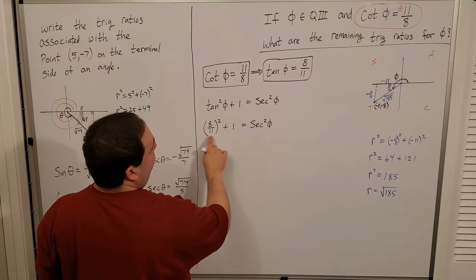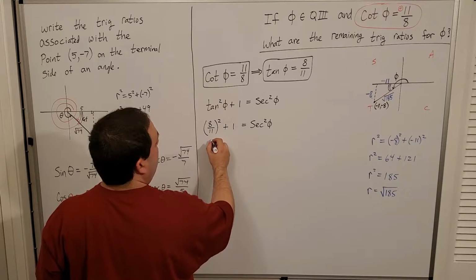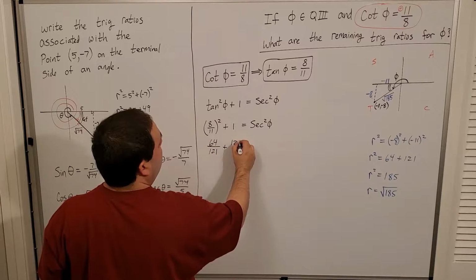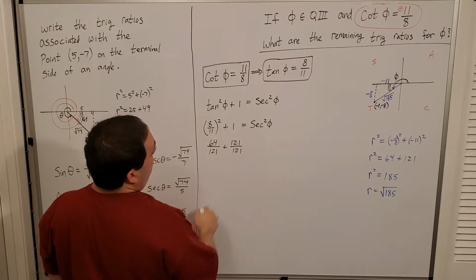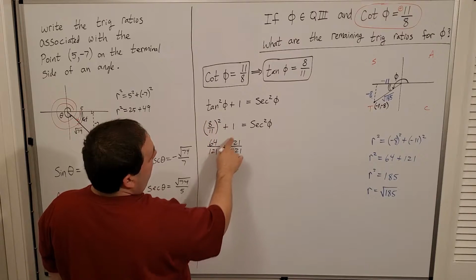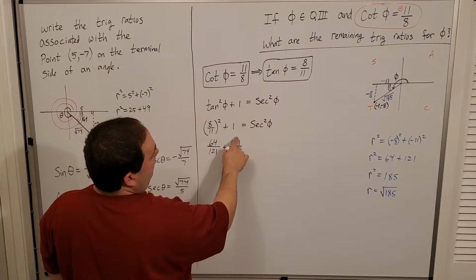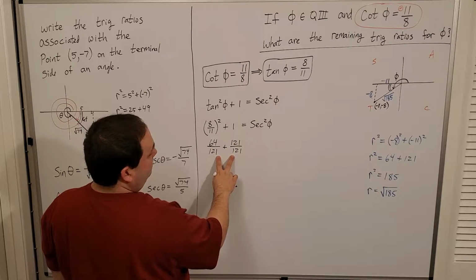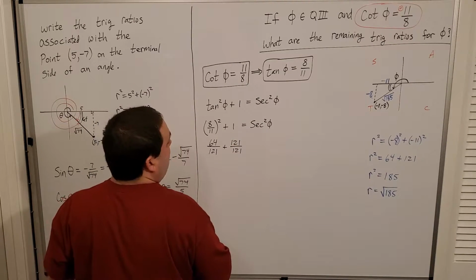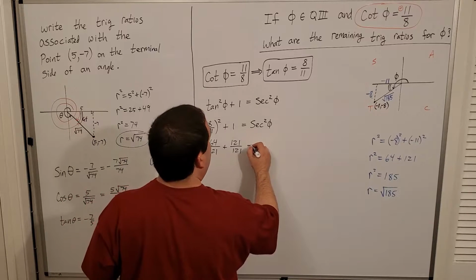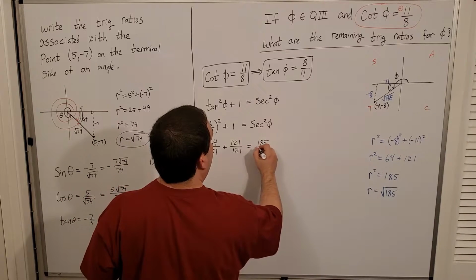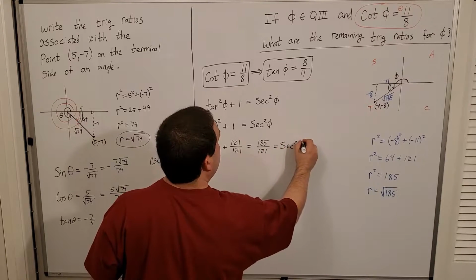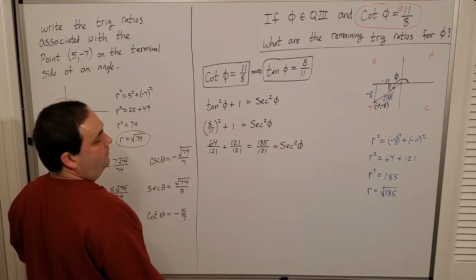I want to simplify this side, so I have 64/121 plus 121 over 121, because I'm squaring here, and I'm writing 1 as 121 over itself so that I can have a common denominator. And then that's going to simplify to 185 over 121, and that's still equal to secant squared of phi.